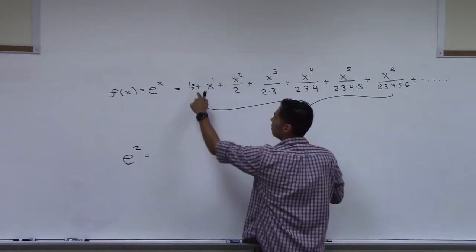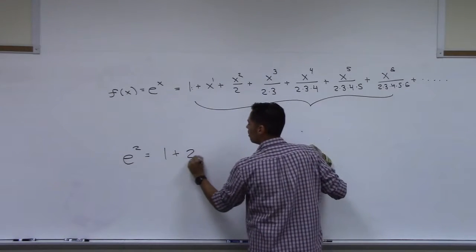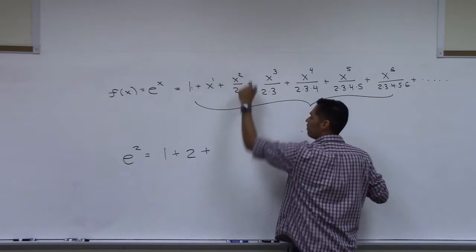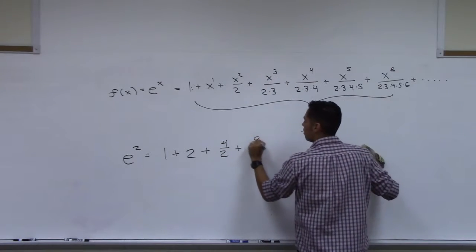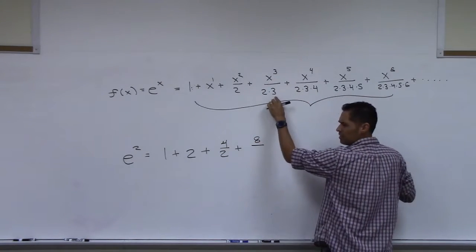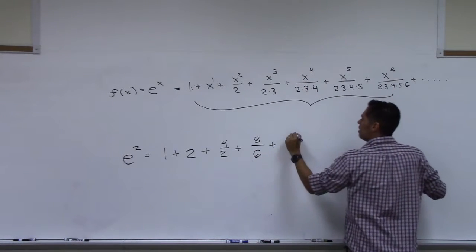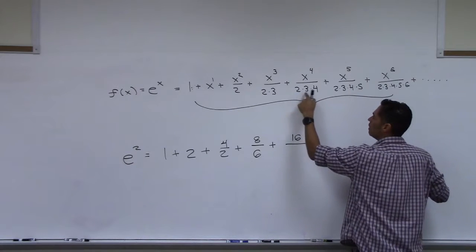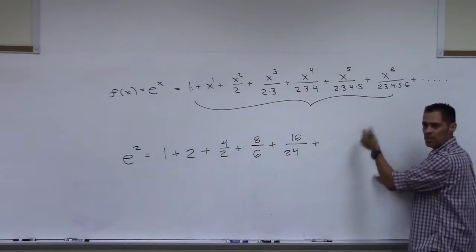It did 1 plus, you replace x with a 2. 2 plus 2 squared is 4, 4 over 2, plus 2 cubed is 8, 8 over 6, plus, what are we at, 16 over 24 plus, and I'm going to stop there, but you get the idea?